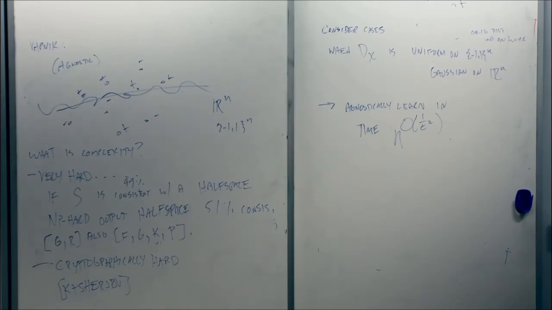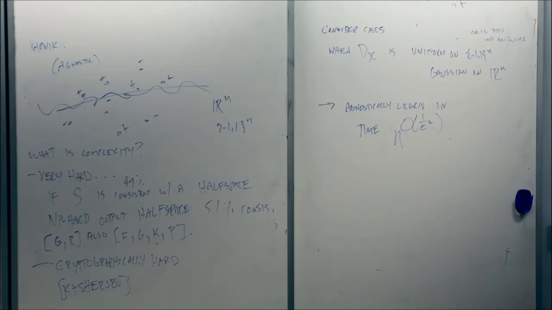Okay, so not surprisingly, what suffices for agnostic learning? Well, the existence of low-degree polynomial approximators. That's what we've talked about over the last couple of days, and that's really the only tool that we have.